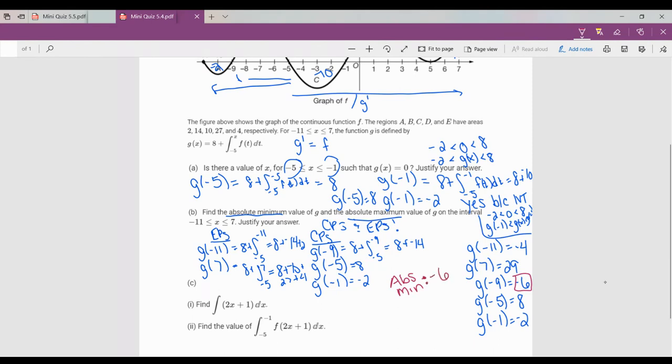My absolute max is 29. That is my final solution. What's my justification? I check my CPs and EPs. 29 is the maximum, negative 6 is the minimum. And that's it.